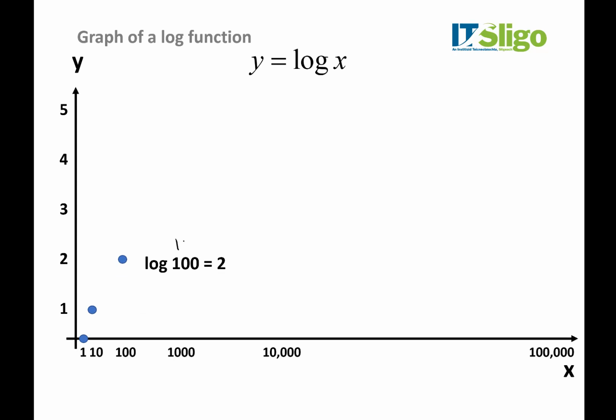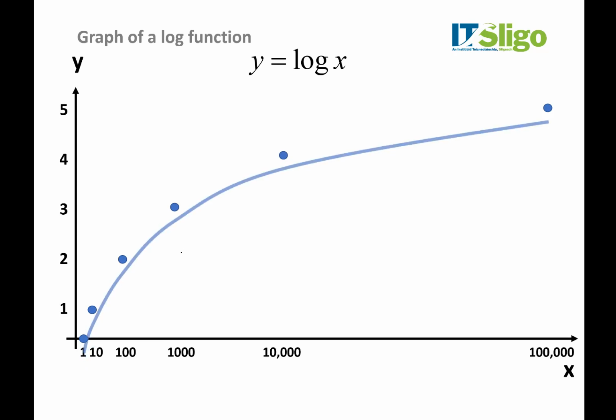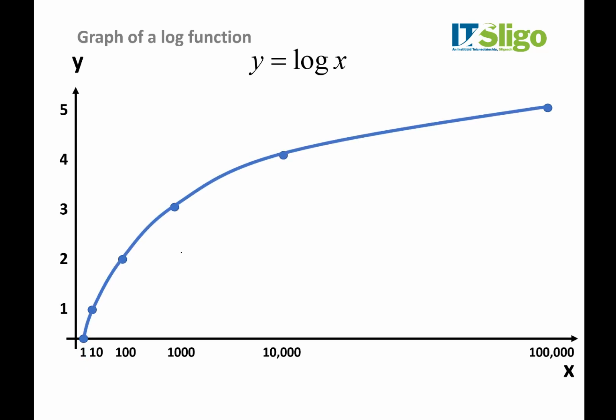Remember, 100 could be written as 10 squared and the logs will cancel out. The log of 1,000 is 3. The log of 10,000 is 4. The log of 100,000 is 5. The log of 1,000,000 is 6. The log of 10 million is 7. So we can see the input is rising very rapidly, but our output, the y value, is only rising gradually.